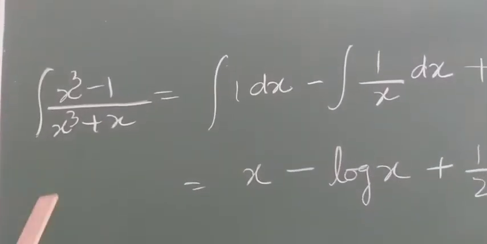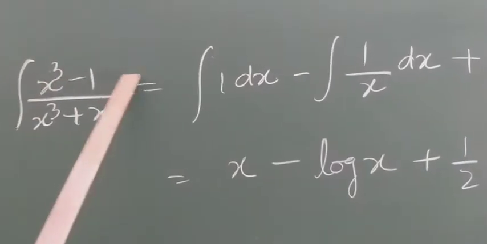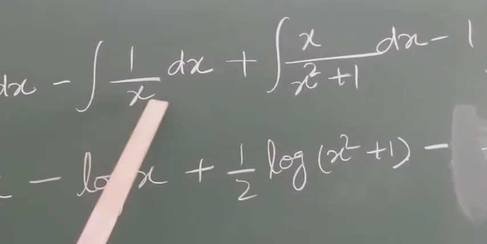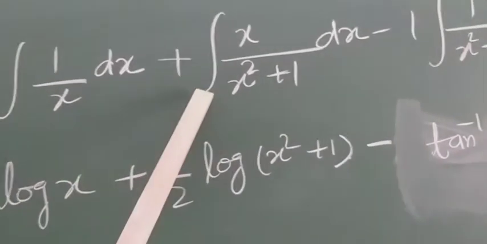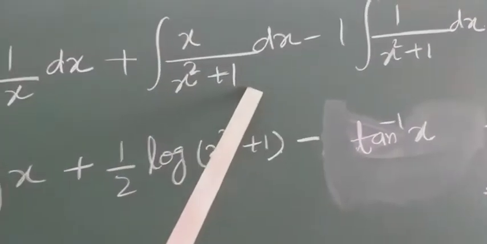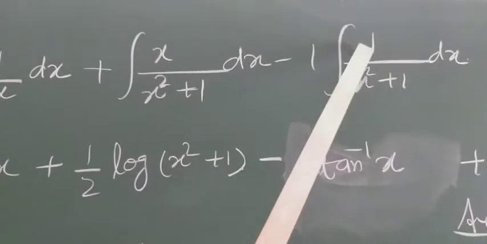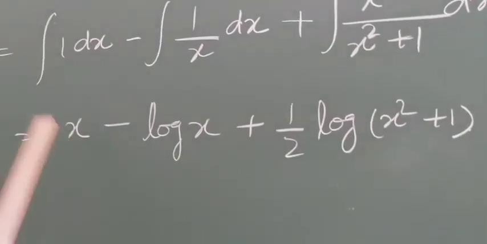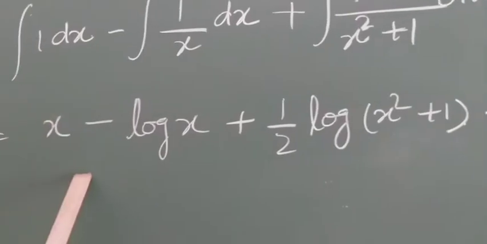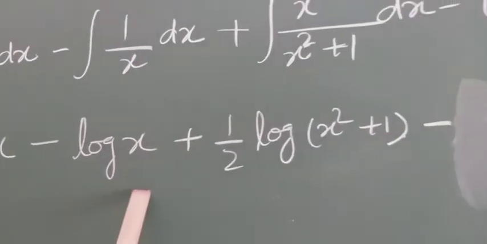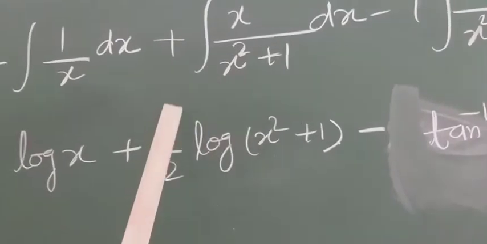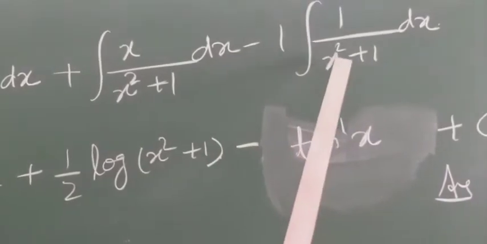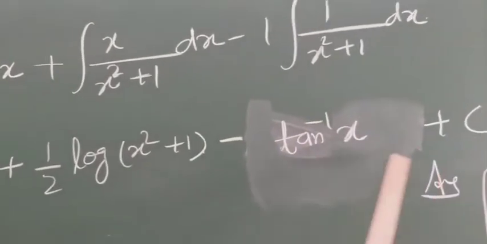Now students, integrating: 1 dx minus 1 upon x dx, plus x upon x squared plus 1 dx, minus 1 upon x squared plus 1 dx. So the integral of 1 is x, the integral of 1 upon x is log x, the integral of x upon x squared plus 1 is 1 upon 2 log (x squared plus 1), minus, it is the formula of tan inverse x, plus C.